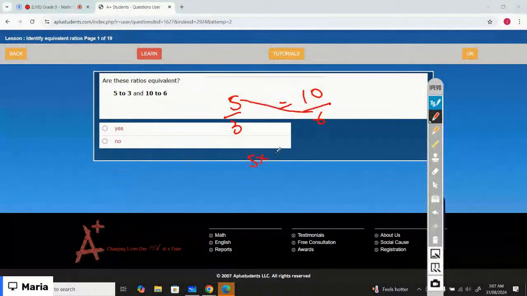You have to do 5 times 6 and that equals 3 times 10. 5 times 6 is 30 and 3 times 10 is also 30. So that means yes, they are equivalent. The correct option is yes.